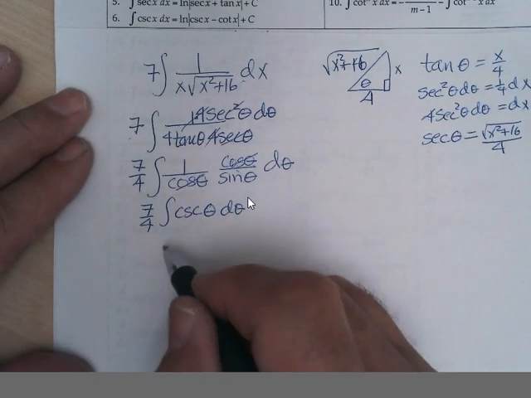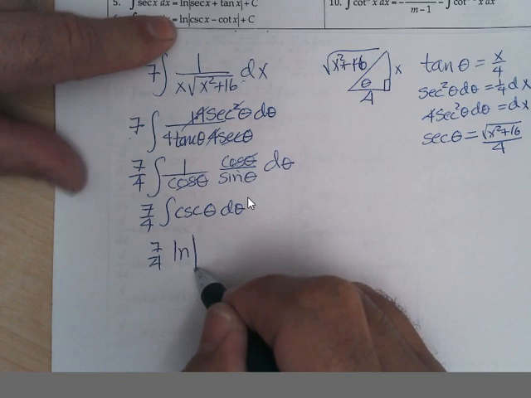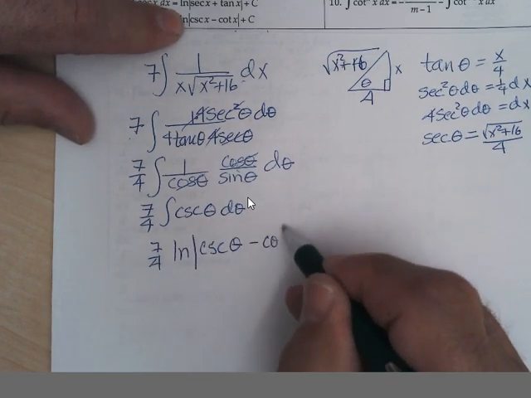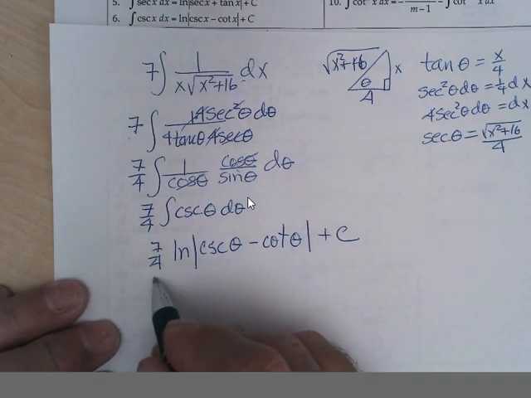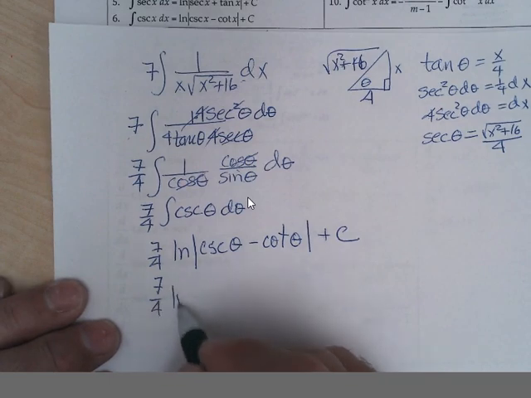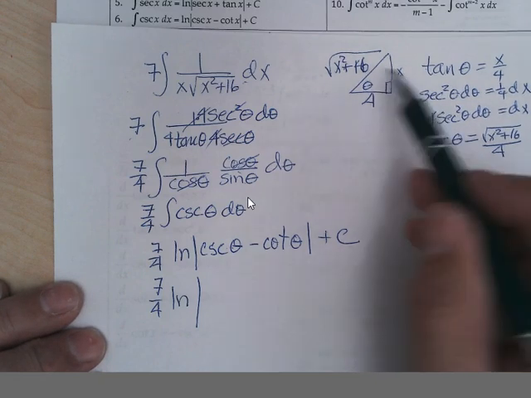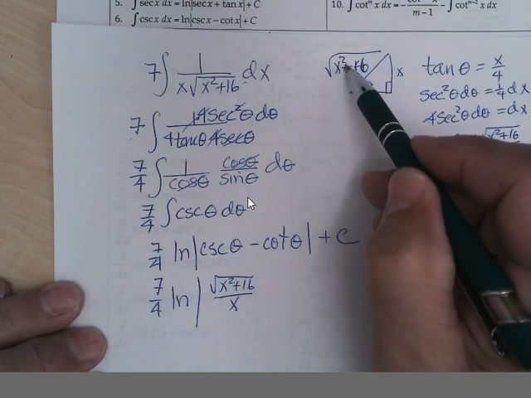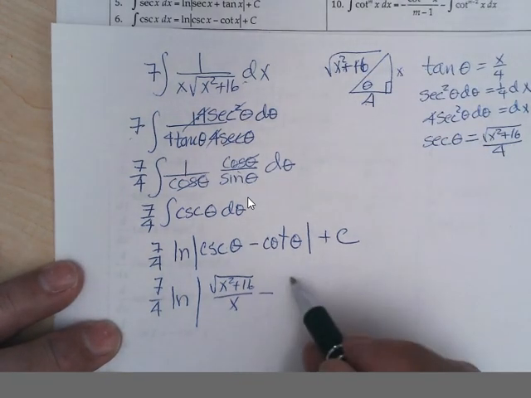And we get 7 over 4 ln absolute value of cosecant theta minus cotangent theta. Cosecant theta is the reciprocal of the sine, so it's the square root of x squared plus 16 over x, hypotenuse over opposite, and cotangent is adjacent over opposite.